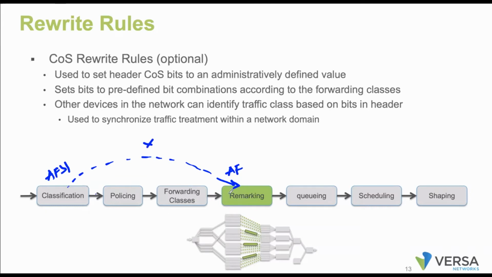No. There is a bridge in between. After matching the traffic, you refer to one or the other forwarding classes. With the help of the QoS profile, we apply the policies and forwarding classes. With the forwarding class as a match condition, and then the loss priority, we try to match it, and with the help of this, we perform the rewriting.